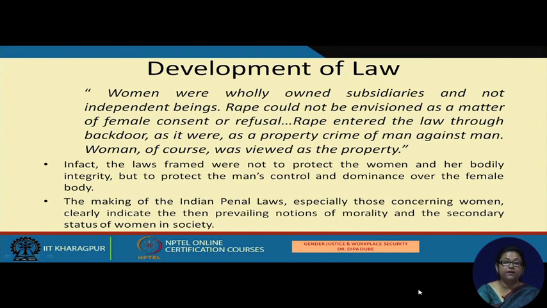And that is where the making of the Indian Penal Code, a document of 1860 which has been given to us by the colonial masters, reflects at many junctures the existing notions of morality, what we call Victorian notions of morality, where the chastity of a woman was her prized possession, and the consequent status of women in society.